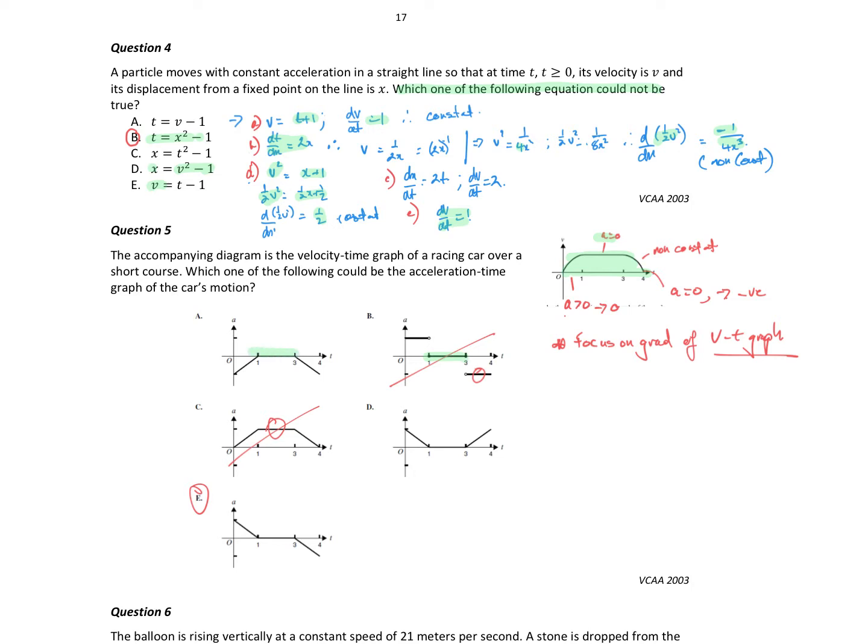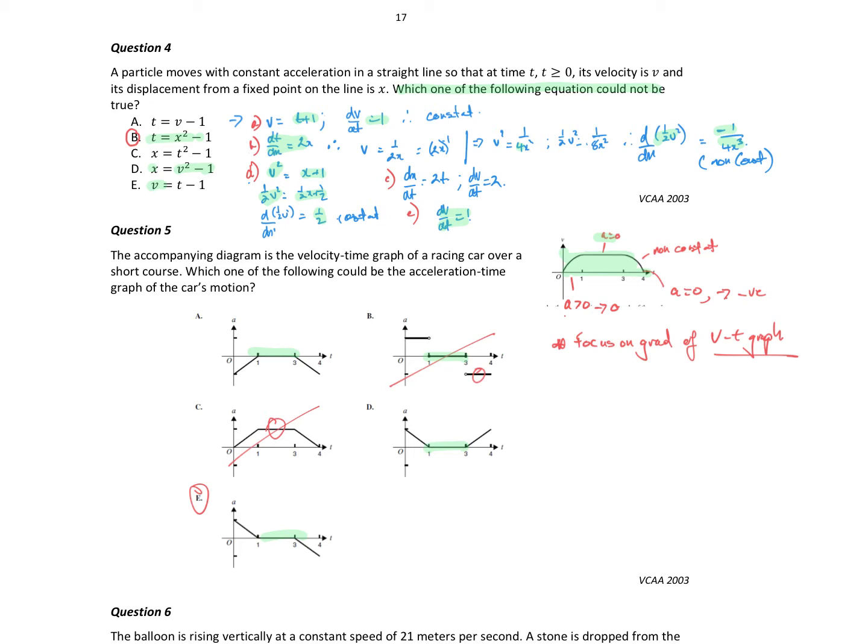So in fact, all of them just about qualify, so we can eliminate one. The next one is, well, what about the gradients? So the gradient between 0 and 1 is positive, and the gradient between 3 and 4 is negative. So it's got to be positive at the start, negative at the end.